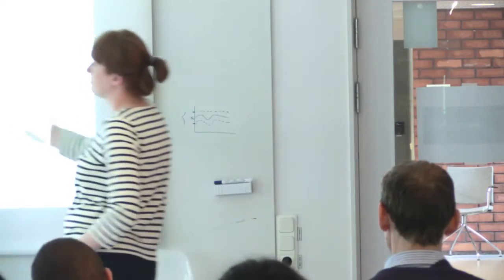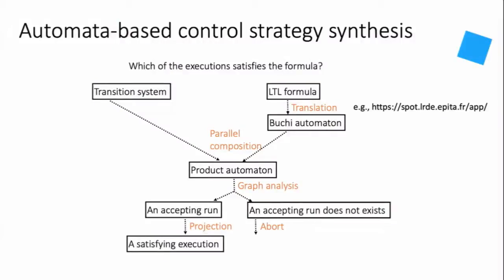And then I get to do some kind of graph analysis on the product automaton and come up with an accepting run, or find that the accepting run does not exist. This is automata-based. Today we also have SMT-based, satisfiability modulo theories kind of things. We also have mixed integer linear programming approaches that are very successful because they use the power of state-of-the-art SMT solvers and MILP solvers.